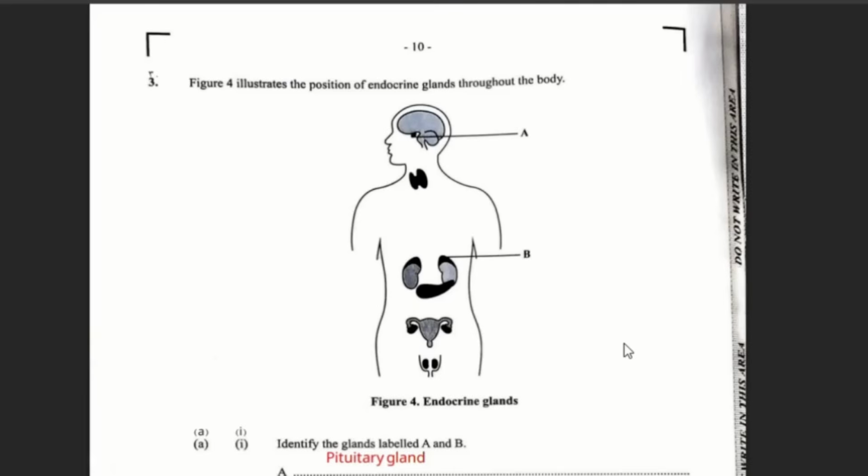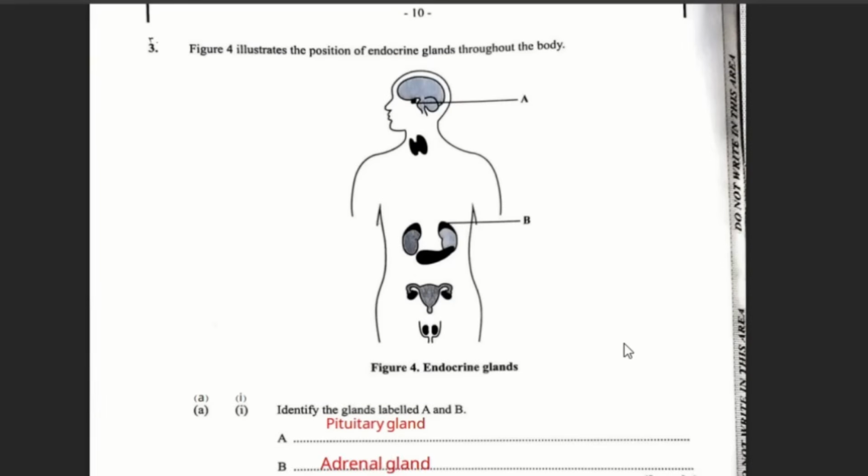Alright, so the next part is going to be the endocrine system. The endocrine system has literally everything to do with glands and hormones. The first part is saying identify the glands labeled A and B. From the A pointing in the brain, we know that that is going to be the pituitary gland.